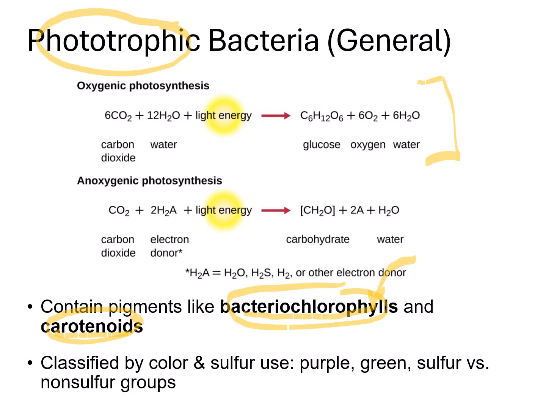Most phototrophic bacteria are going to be classified by their color, so what color they appear, as well as whether or not they use some kind of sulfur compound as their electron donor. So we'll see the names include purple, green, or sulfur versus non-sulfur groups. For sulfur groups, they are going to be using hydrogen sulfide or something similar as their electron donor.